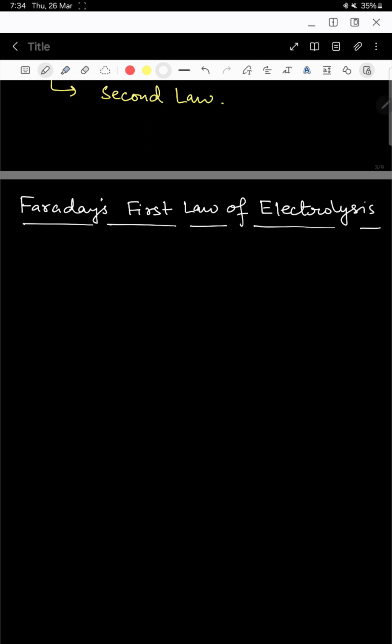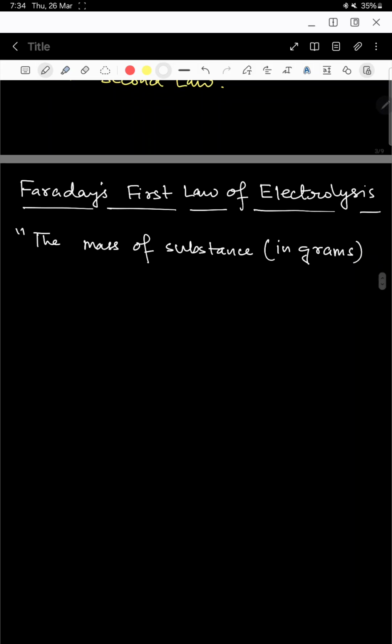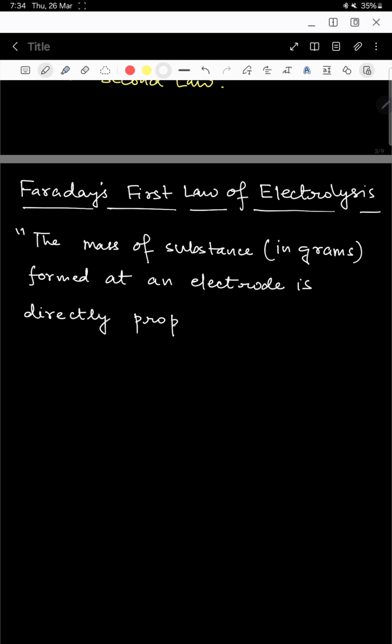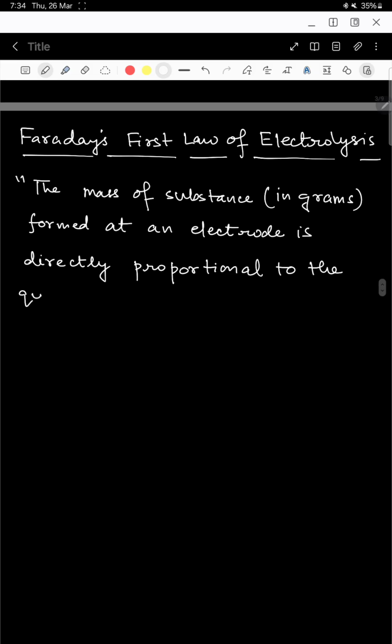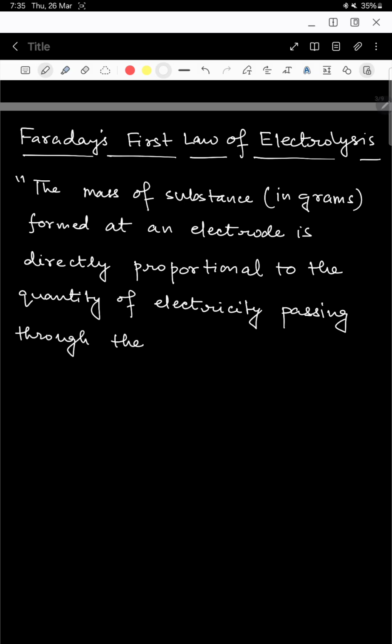So according to Faraday's first law, the mass of substance in grams, usually we take the mass in grams only, formed at an electrode is directly proportional to the quantity of electricity passing through the electrolyte.